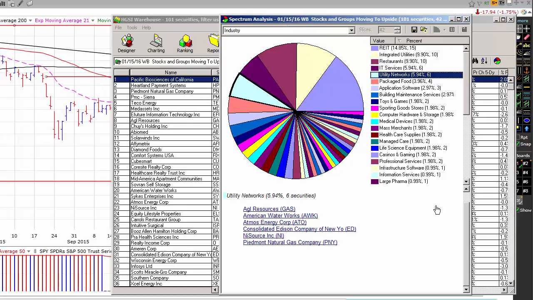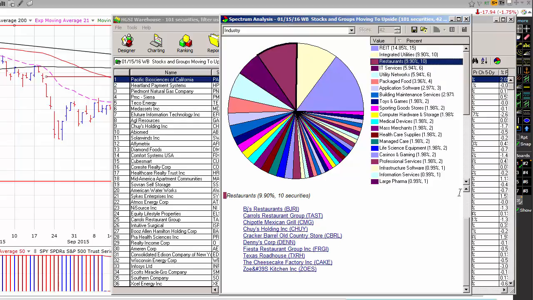Recently, we've seen a tremendous amount of the real estate investment trust industry, and we've also seen quite a bit of restaurants. These may be good places to look for leadership when the market resumes the uptrend.